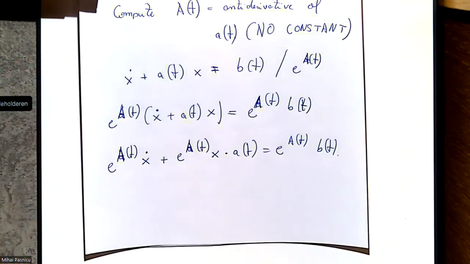Can anyone, just by looking at the left side, have an idea of why we have chosen to do it this way? Does anyone have any idea why I've chosen to multiply with e to the A(t)? Just looking at the left side.